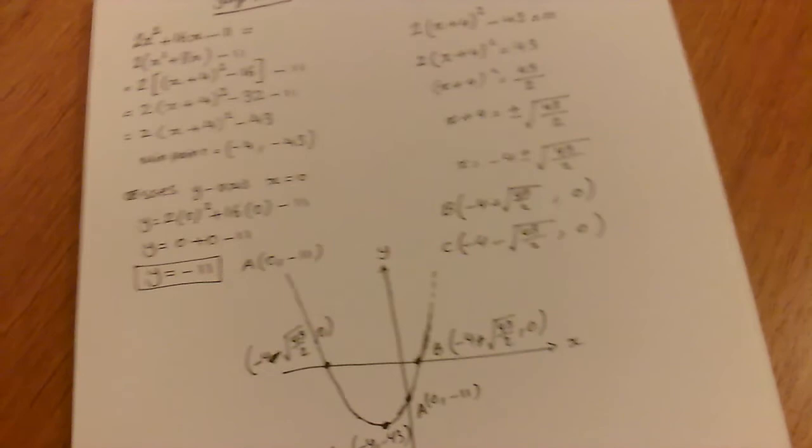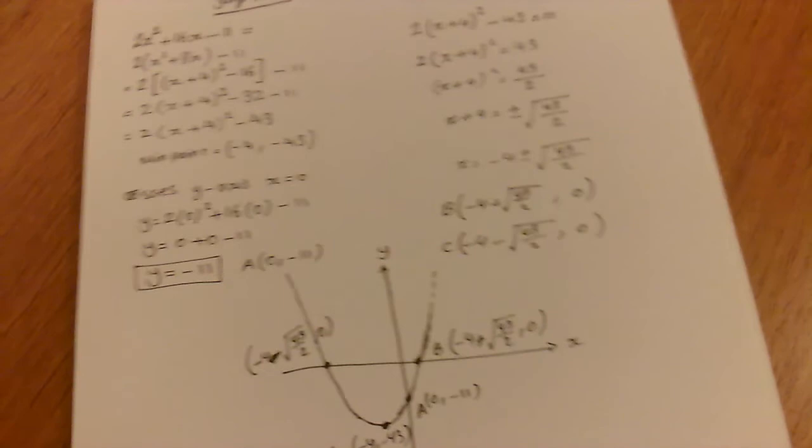Minus 4 plus root 43 over 2. Root 43 over 2 is root 21.5, which is between 4 and 5. So greater than 4, less than 5. Minus 4 plus a number between 4 and 5 is a positive number, but quite a small number.